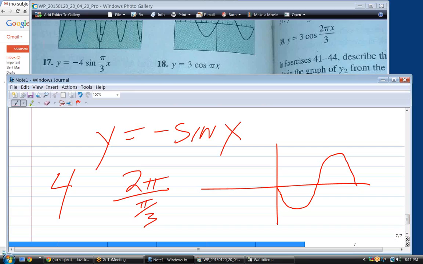What is that? Yeah, I'm not really sure how to... Flip when you divide by a fraction, flip it and multiply. So that's the same as 2 pi times 3 over pi. Pi's cancel. Period is 6.